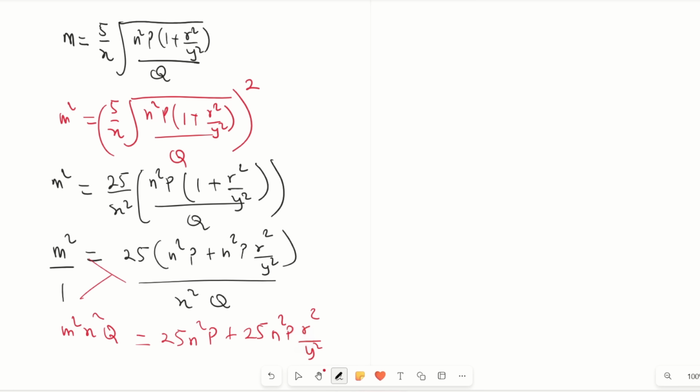So we have something in a linear form, but we still have the y squared here being a fraction. So all we need to do is multiply through all the three expressions by y squared.